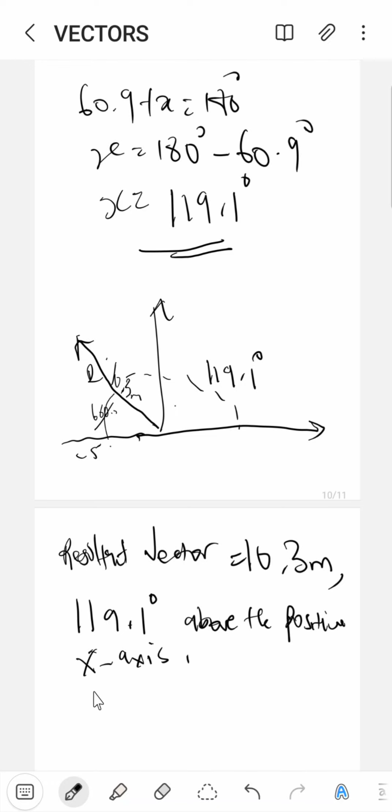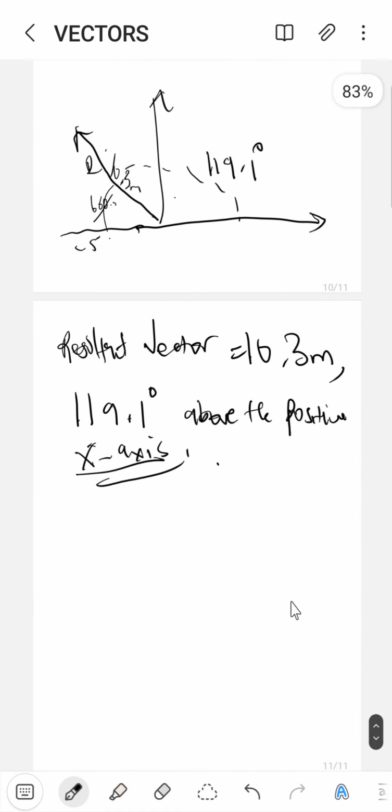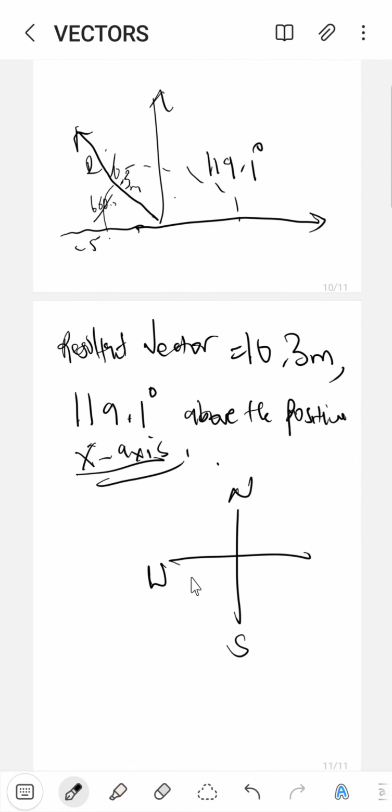You can write this as your final answer, or you can use the compass way of writing your answer.